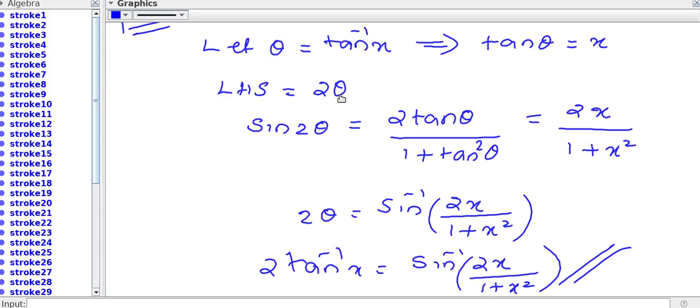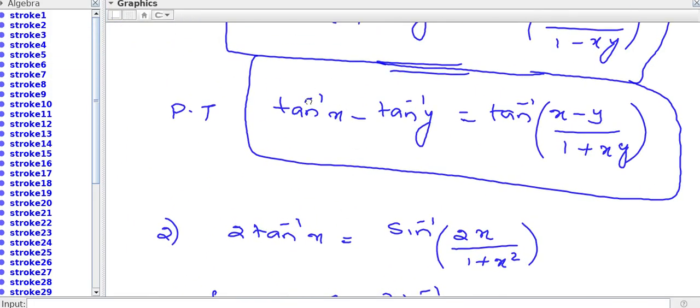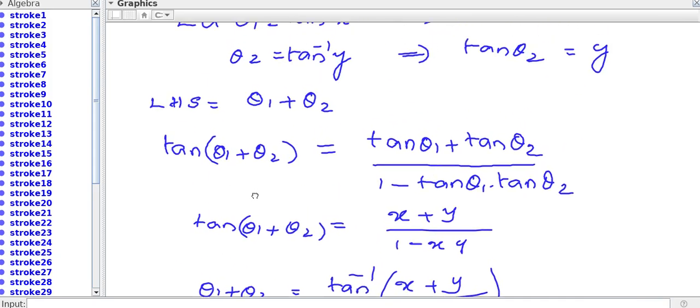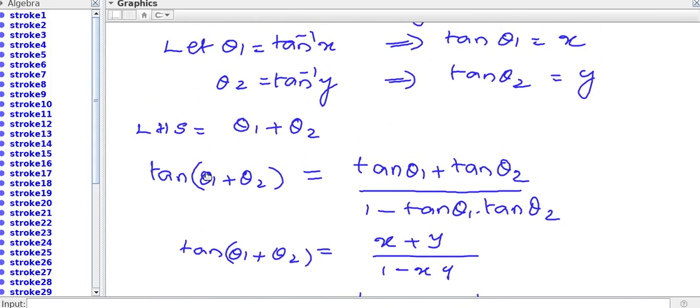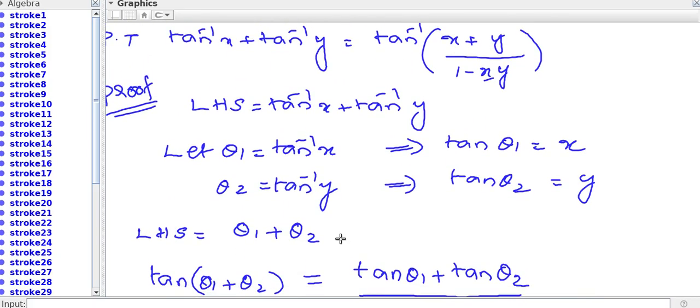Why are we taking sine instead of tan here? Because we need to prove that this is equal to sine inverse of something. But in the last problem we took tan there, because we wanted to prove the right side is equal to tan inverse of something.